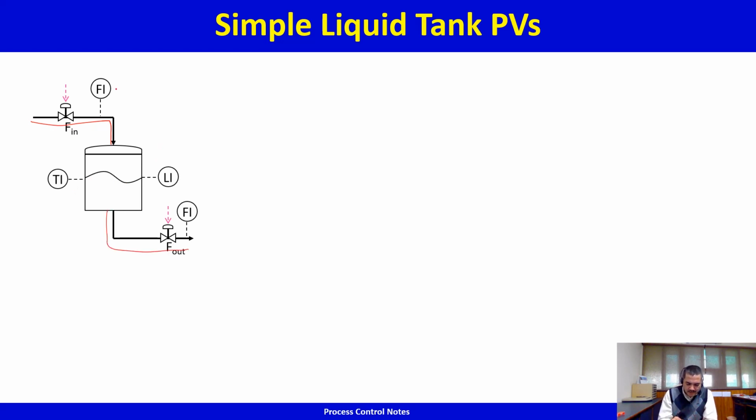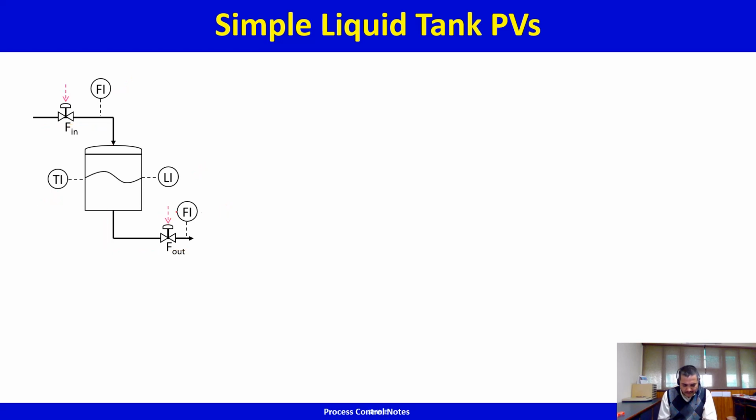You got a flow sensor on the inflow stream, you got a flow sensor on the outflow stream. FI means flow indicator. Then you have a level indicator and you also have a tank temperature indicator. The valve position of the inflow stream and the valve position on the outflow stream are specified by the user or the operator.